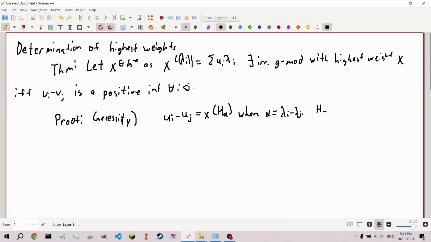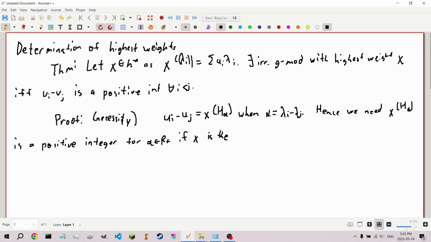Hence, we need that this chi of h_alpha is a positive integer for alpha in R positive, if chi is the weight of a primitive element V.